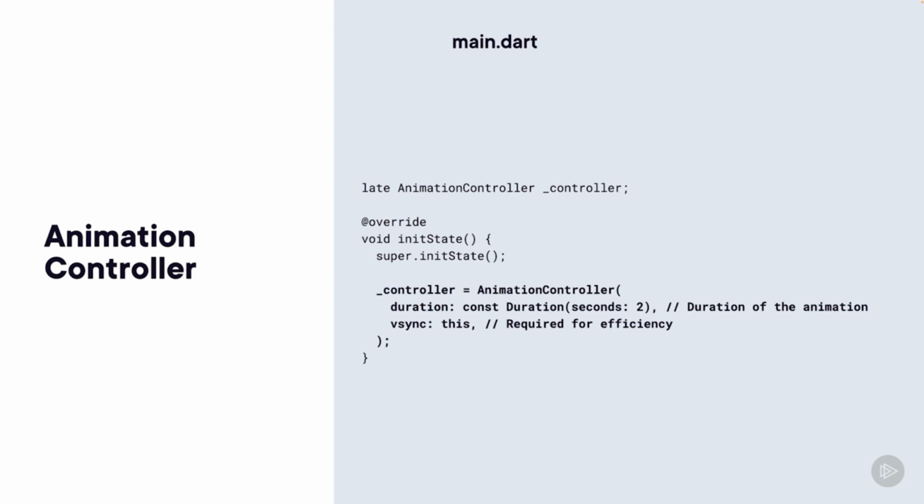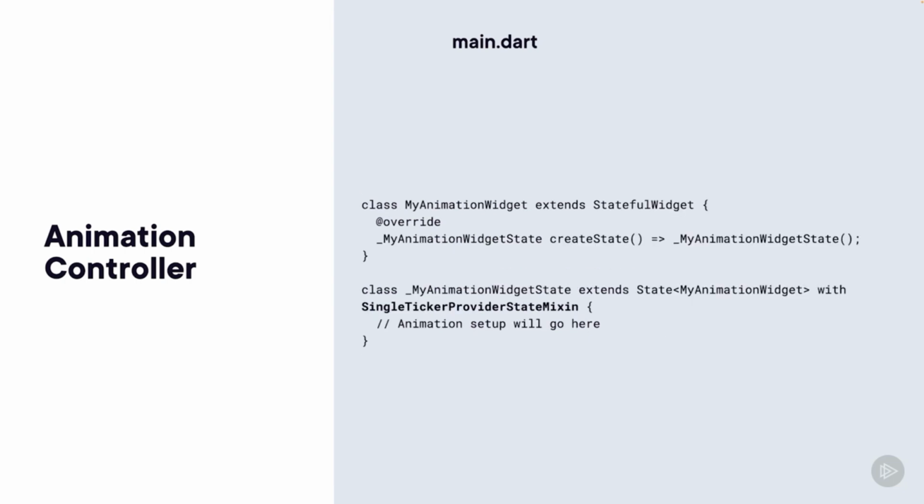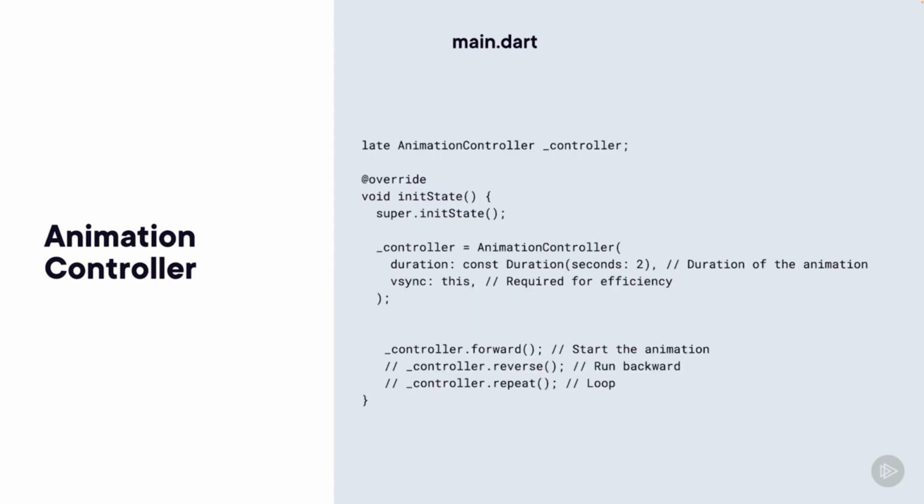You may ask then, how can you provide vsync? That's simple. The SingleTickerProviderStateMixin is necessary to provide a vsync for the animation controller. Once the controller is set, you can start the animation using the forward method of the animation controller. You can also use reverse to run the animation backward or repeat to loop the animation.